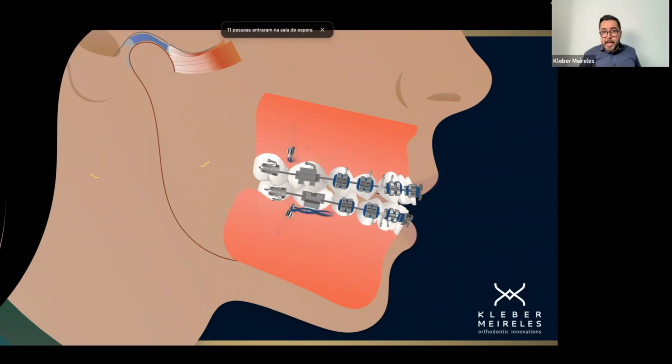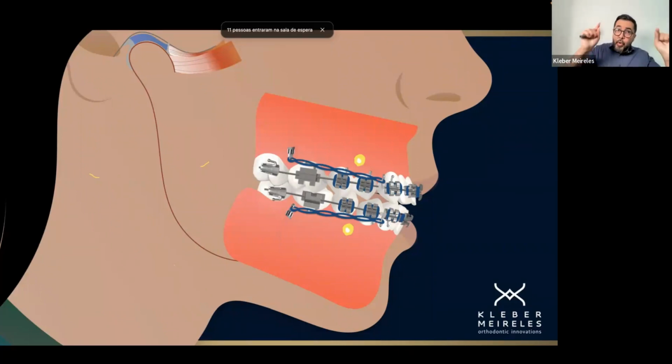Look at this. So we have it here, line of action of the force, doing the retraction of the entire arch. And since I'm applying the force, and now look at this, different from the previous situation, I have the center of resistance of the upper arch and the lower arch located between premolars, approximately 4 to 5 millimeters high in relation to the center of the crown.